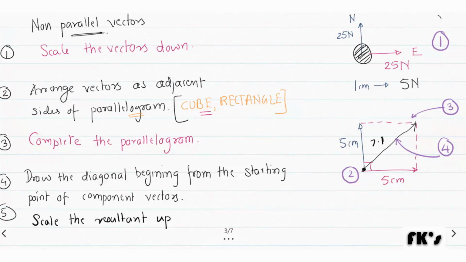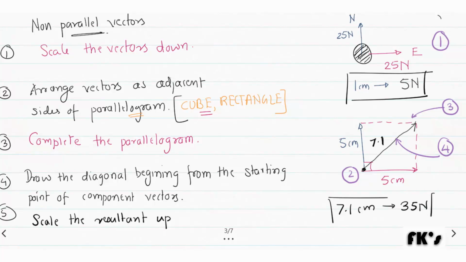I had earlier said that 1 centimeter corresponds to 5 Newton, so obviously 7.1 centimeters corresponds to 35 Newton in the given direction, the northeast. So that's my last step, and let me just number it. That's how it is. We got the 5 different steps, and we also followed one example based on it.